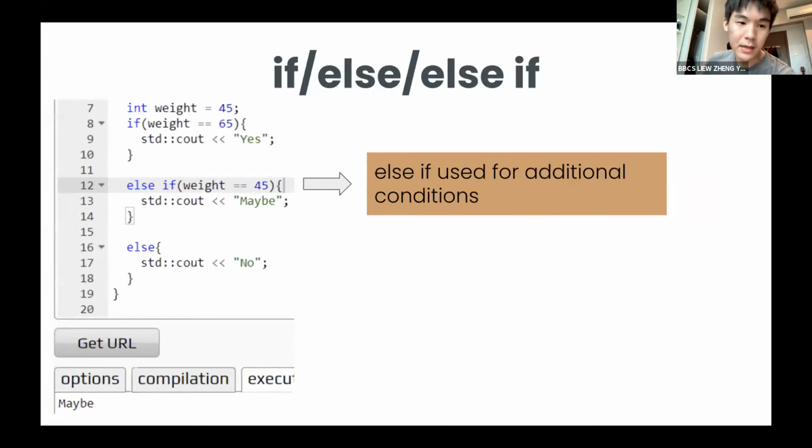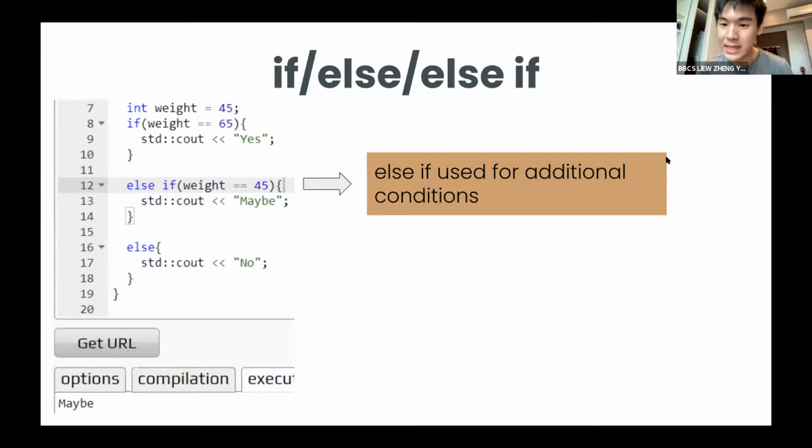In line 7, we inputted the weight to be 20. Then for line 8, if the conditional was a range, something like if the weight was between 10 and 30, because 20 satisfies that range, we'll still get the output for if, which will be yes. So does that answer your question?